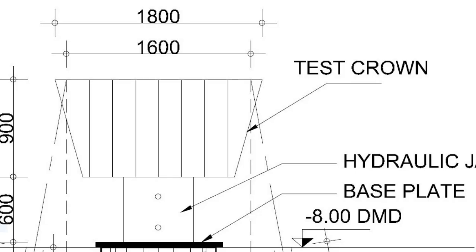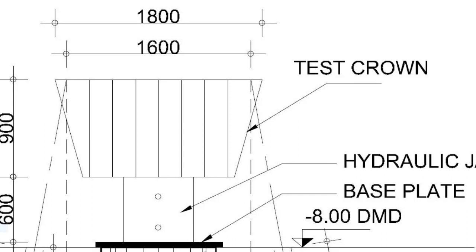So the drawing, the detailed drawing also. As you can see, we have the test crown, we have the hydraulic jack, we have the base plate, and the dimensions are given.